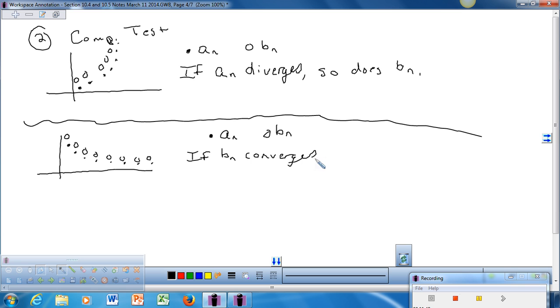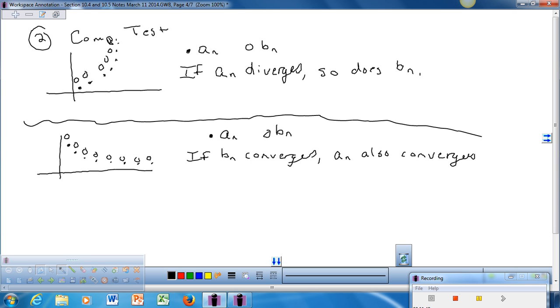And what happens to a sub n? It's like the sandwich here. It's getting squished in between the x-axis and the converging series. So a sub n must also converge. Okay, does that make sense with the pictures, what it's doing? It's like each one is pushing the other one to either diverge or converge.